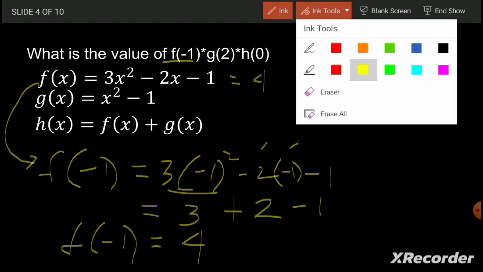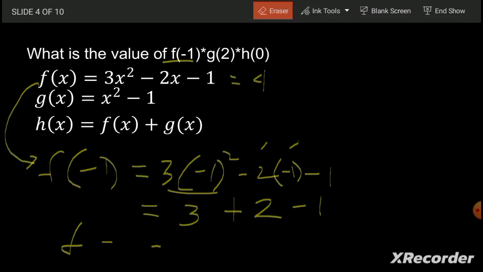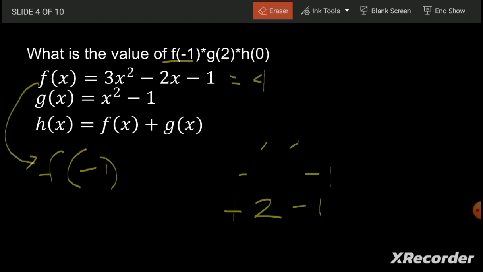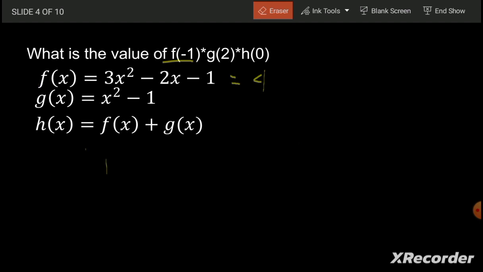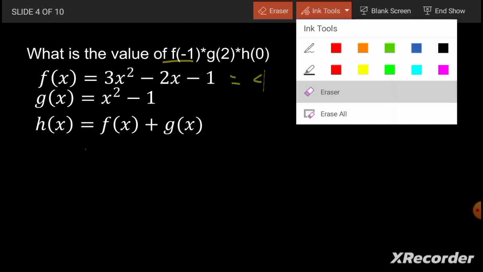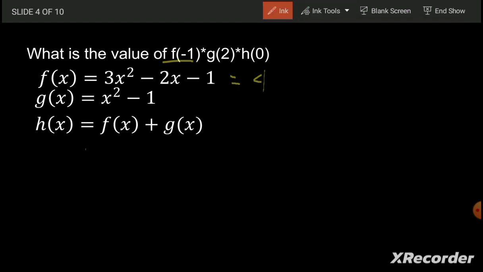Now let's clear off some space. Okay, for g of x, we have to represent x by 2.